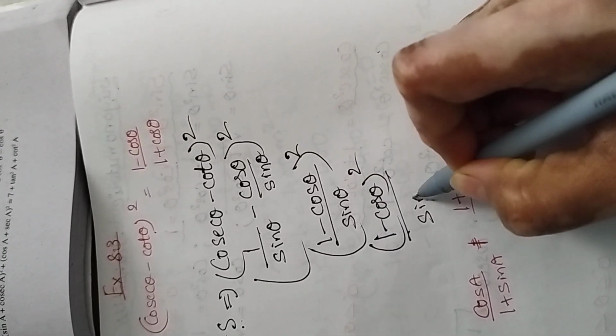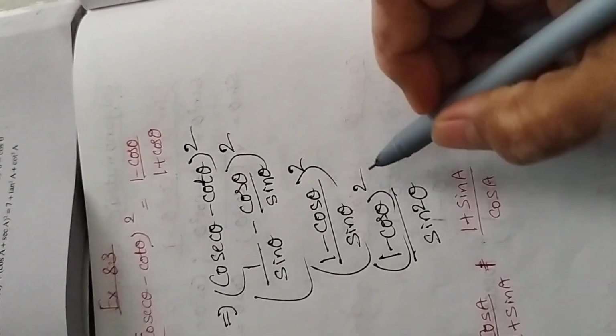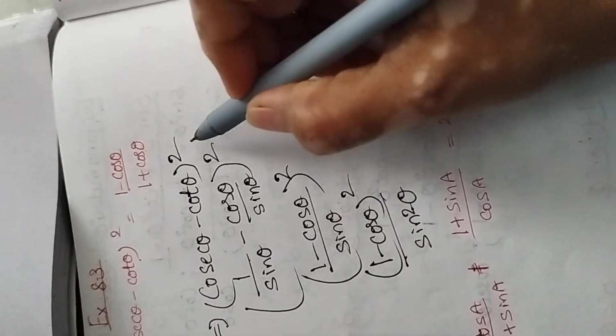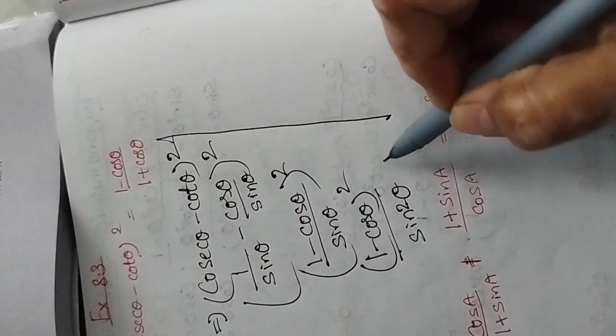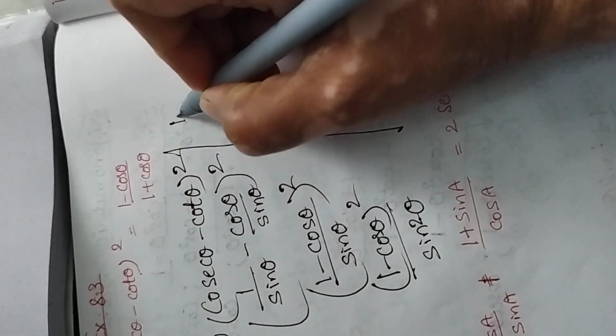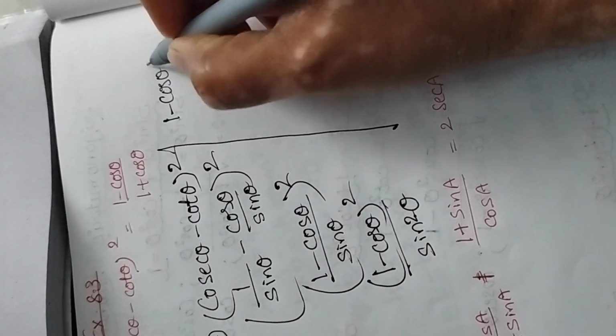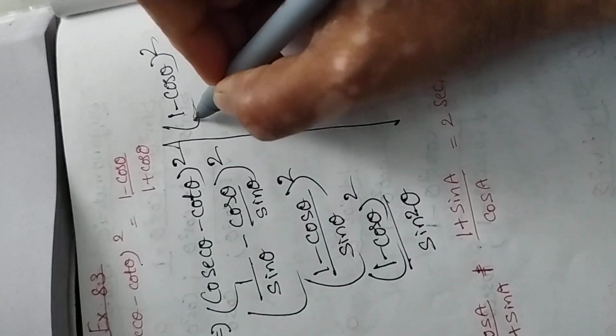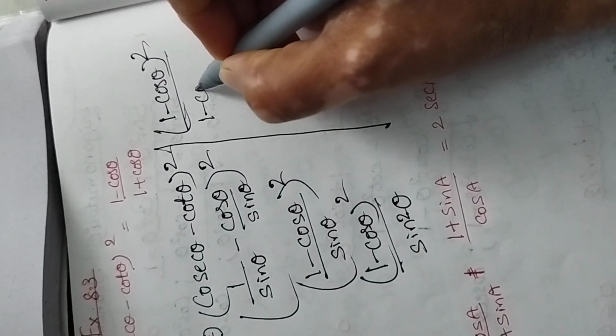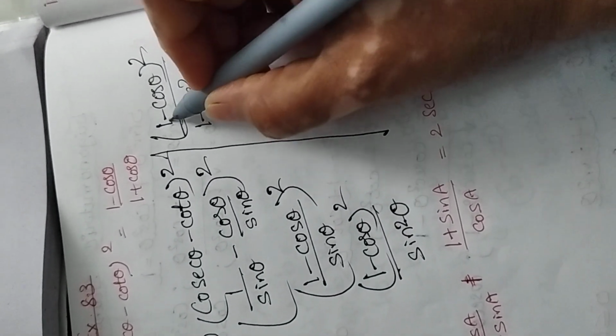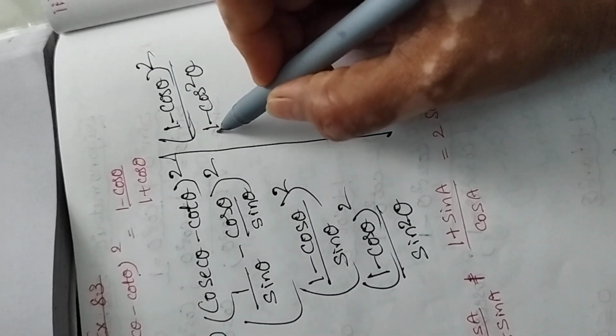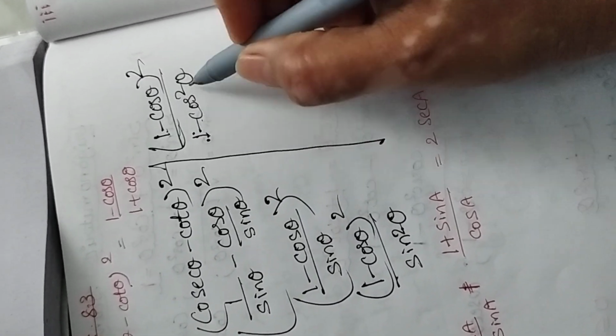I explained in the earlier video that sine square theta is 1 minus cos square theta, and I am substituting that here. The numerator is a minus b whole square: a square, 1 square is 1 only, minus b square.